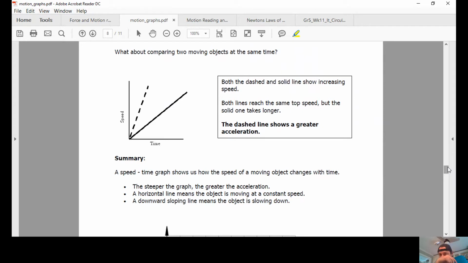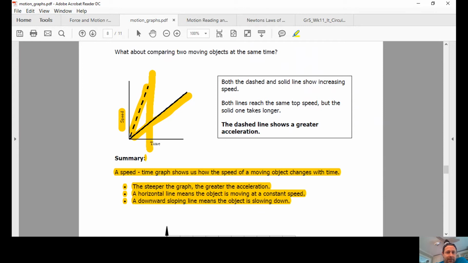All right. So just like we had in the distance, and some of you are like, it's the same thing. No, it's not, because our y-axis is speed now, not distance. And here, the dotted line is much faster than the solid line. Therefore, if they were running a race, the dotted line wins again, because they finish in less time.